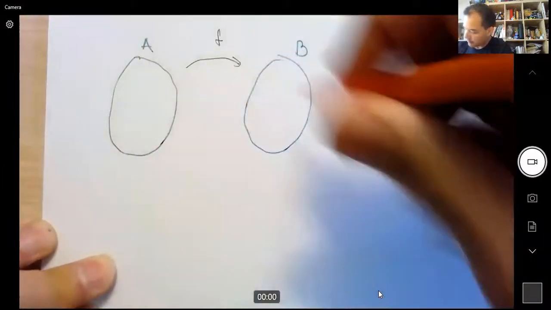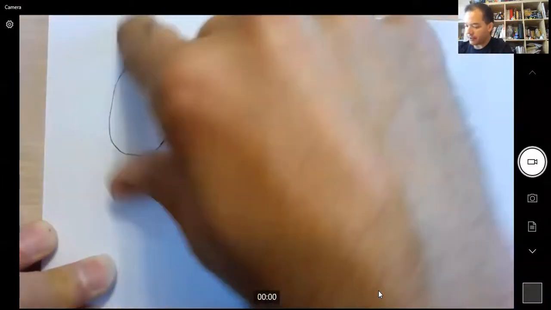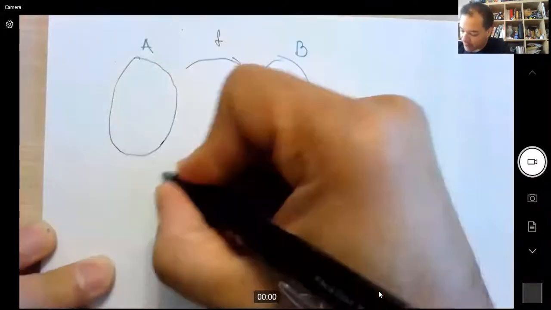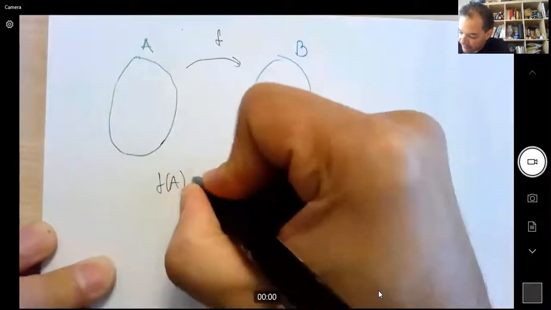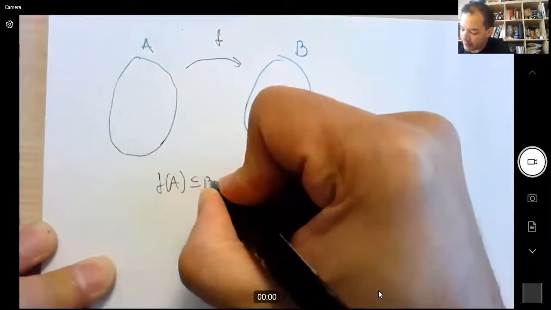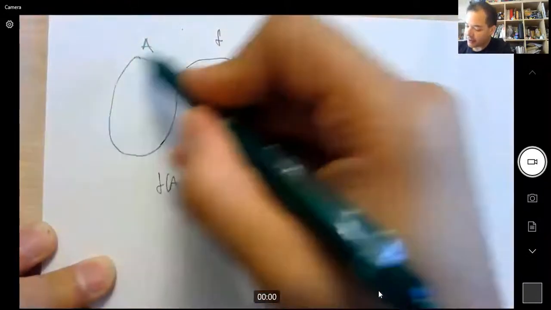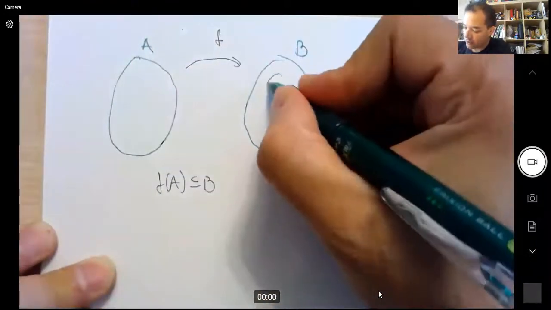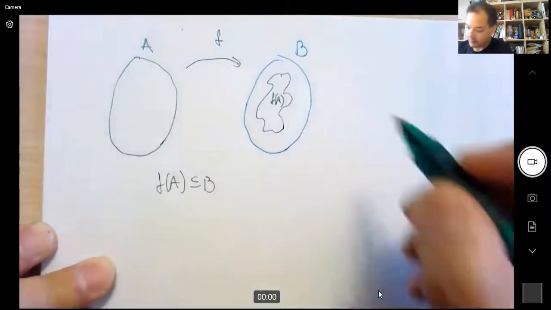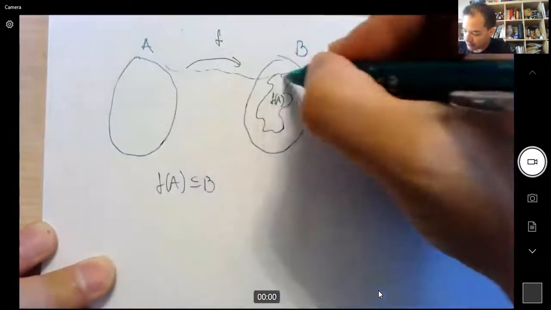And the property that we have in our theorem is that f of A, the range of the function f, is inside B. So when we send A with the function f, it goes somewhere inside here, right? So this is f of A. See, so all of these go inside here.